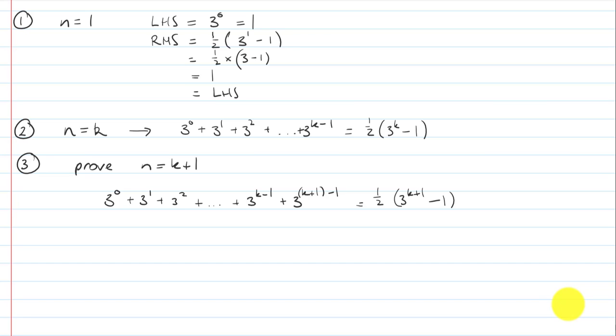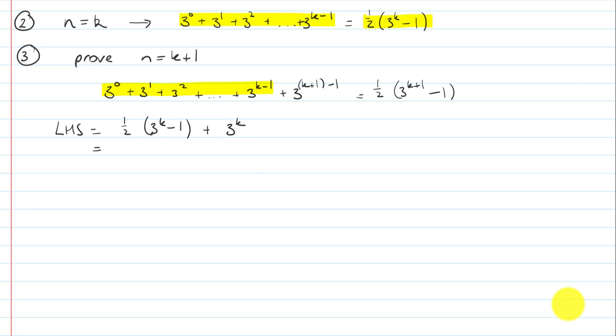Now, what I'm going to do here, obviously, is simplify that to 3 to the power of k, but first I'm going to recognise that this is equal to the assumption step, and therefore I can swap that part of the assumption step in. So my left-hand side is equal to a half 3 to the power of k minus 1 plus 3 to the power of k. And now I'm going to do some expanding out.